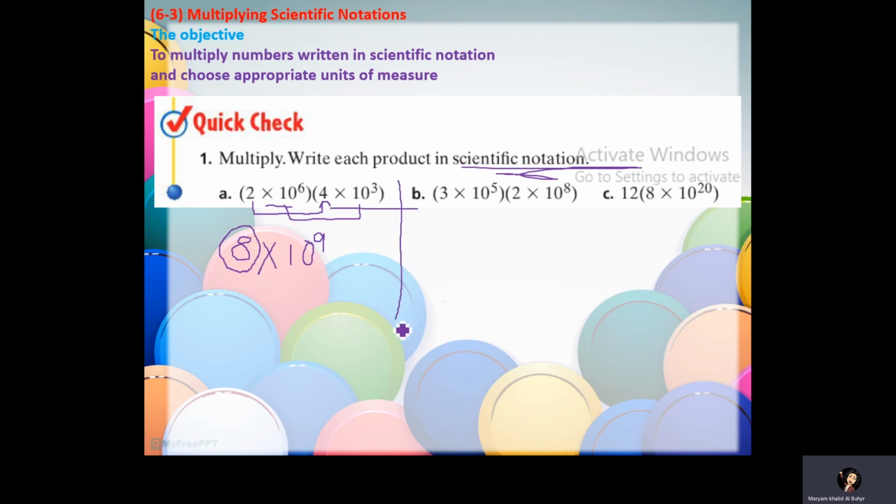That's okay. Again, next, 2 times 3, 3 times 2, 6 times 10 to the power 5 plus 8, which will be 13. Is this in scientific notation form? Yes, it is, because this 6 is less than 10.